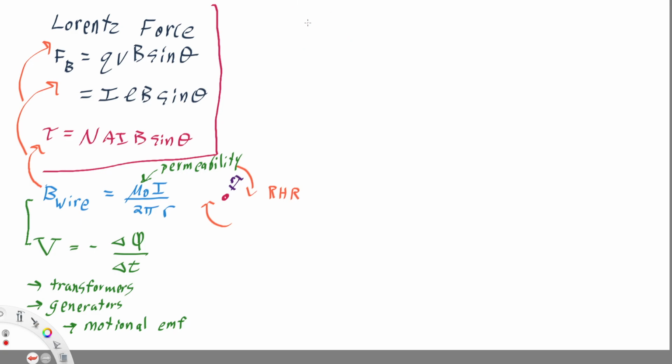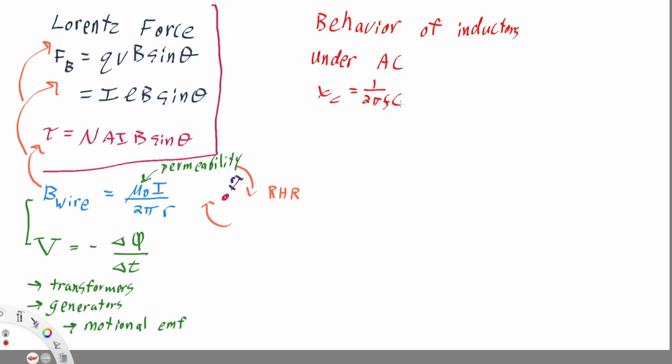The more concrete ideas that we covered today are the behavior of inductors, and specifically the behavior of circuits under AC, where capacitors provide a resistance to current equal to 1 over 2 pi f C, and inductors provide a resistance to current that is, not 1 over, that is 2 pi f L. So this is basically everything we learned in the last 2 chapters.